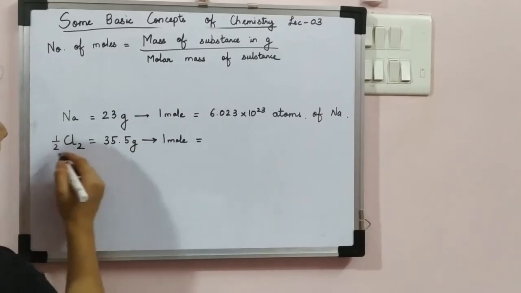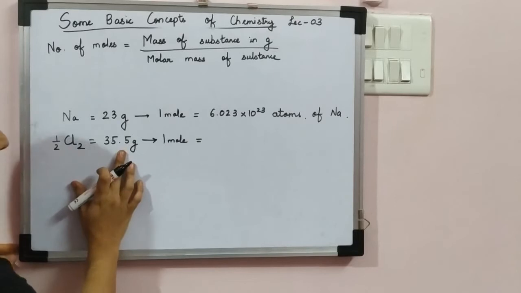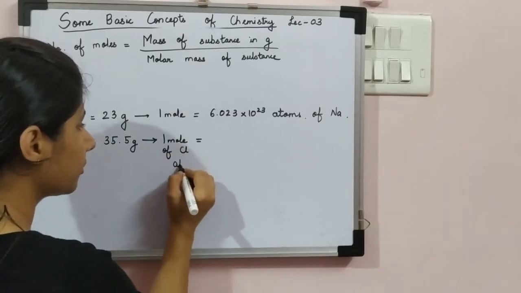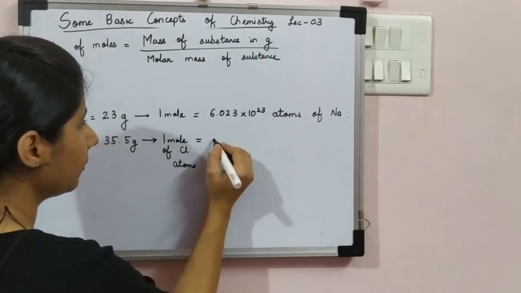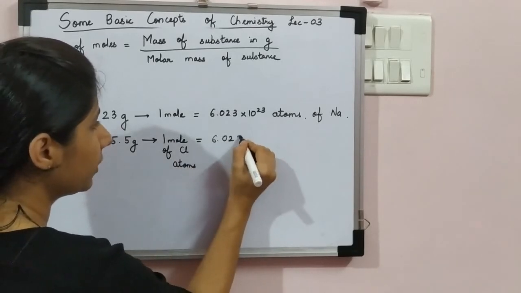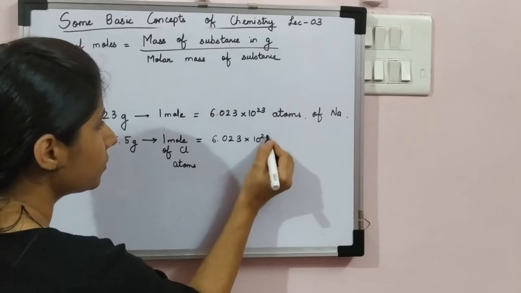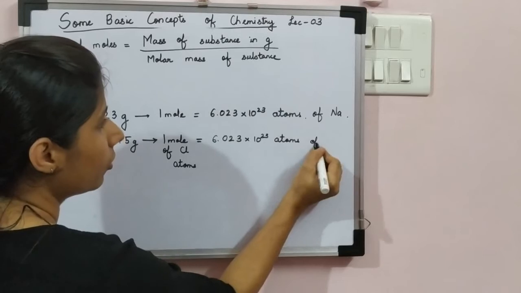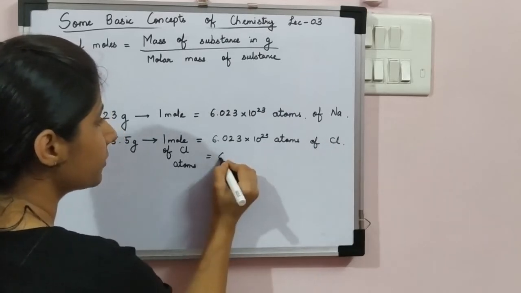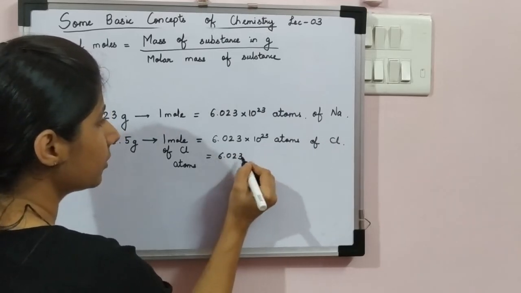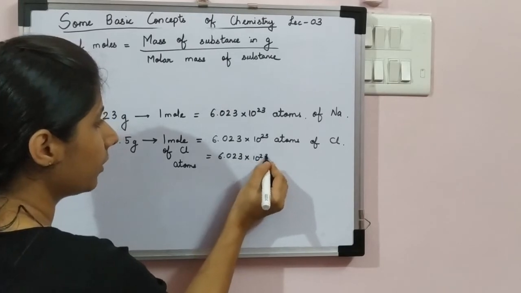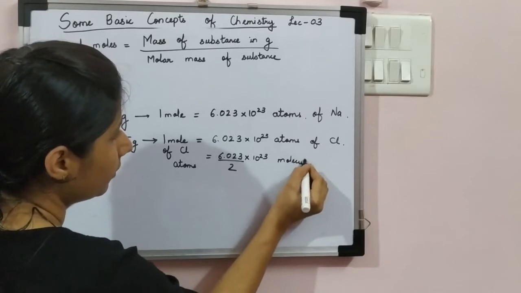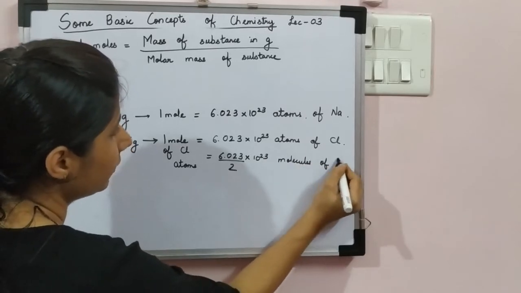So this would be half mole of chlorine molecules, which is 35.5 grams, which is 1 mole of chlorine atoms. Now this will be equal to 6.023 × 10^23 atoms of chlorine, or 6.023 × 10^23 upon 2 molecules of chlorine. Right? So we understand all this.